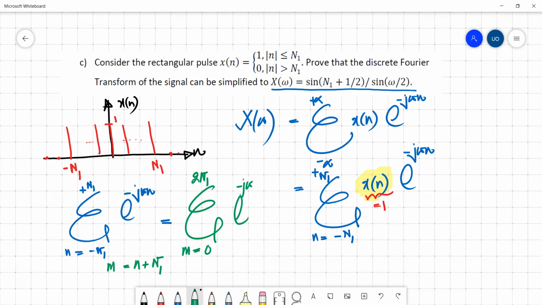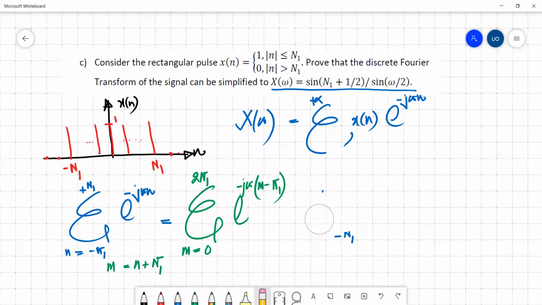Now we can replace n with m minus capital N1. Now we have made it a single-sided sequence, with m equals 0 to 2N1.